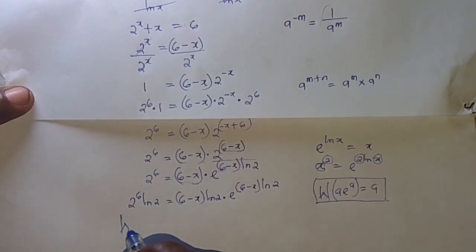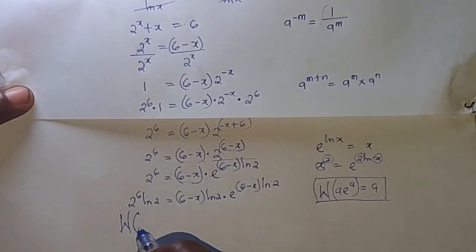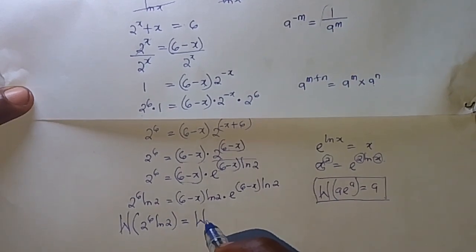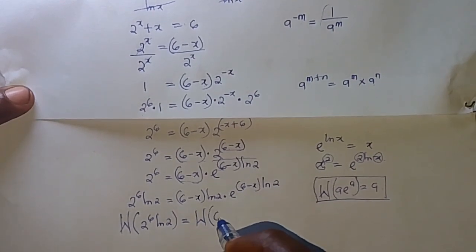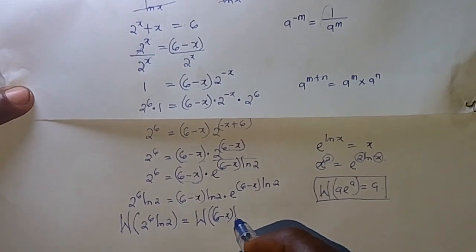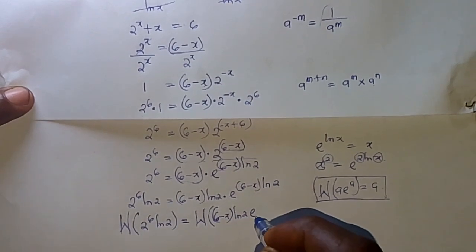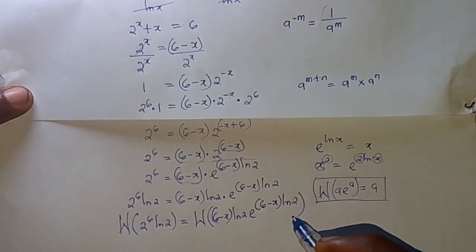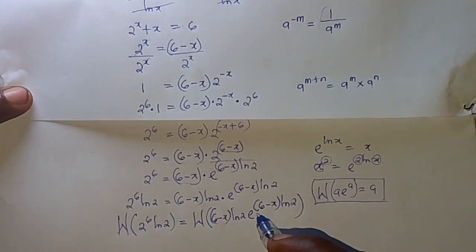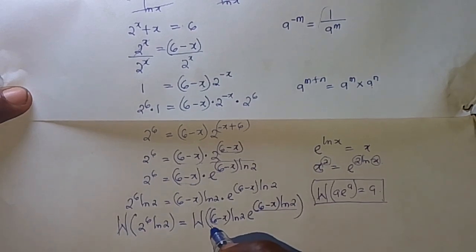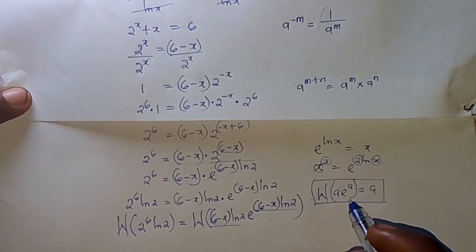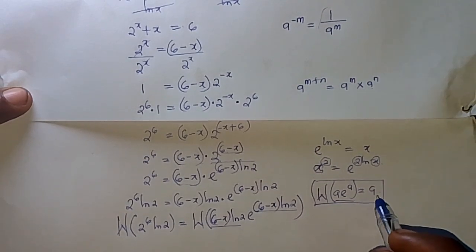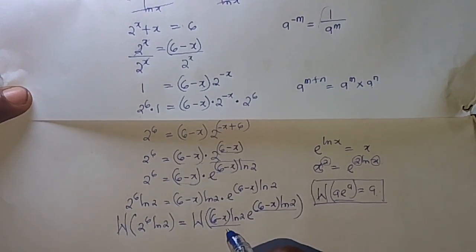So we take the Lambert W function of 2 to the power of 6 ln 2 equals the Lambert W function of (6 minus x) multiplied by ln 2 multiplied by e to the power of (6 minus x) multiplied by ln 2. So the whole of the exponent of e is the same thing as this. Recall that the Lambert W function of any expression in this form equals this. So we can see that this can be written as a.